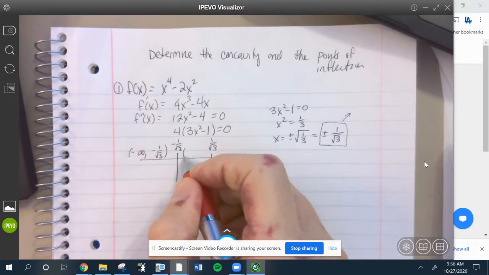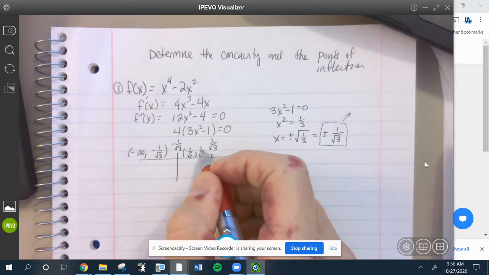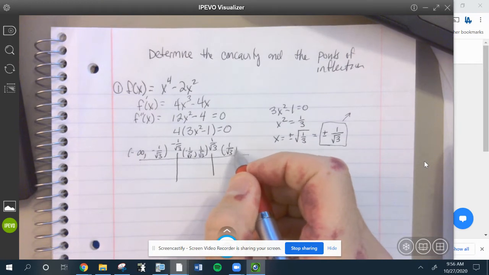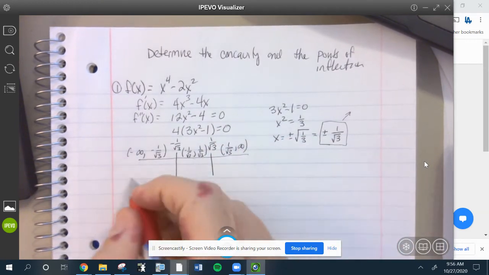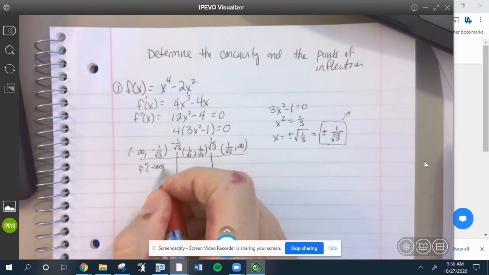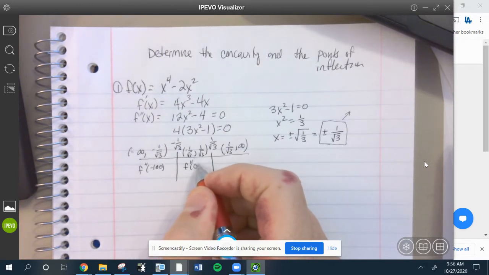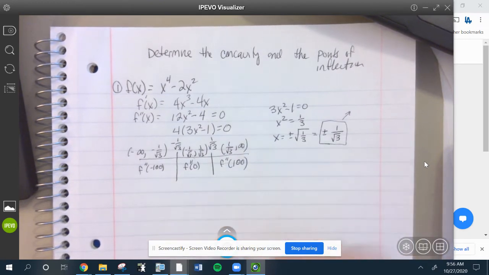First interval, second interval, last interval. So even though we don't really know what negative 1 over root 3 is, it doesn't matter. We can use just a really big number if you want. Here I'm going to use 0. That's obvious. Second derivative. And here you can, again, use a really big number.